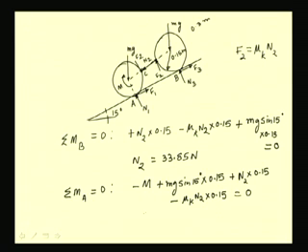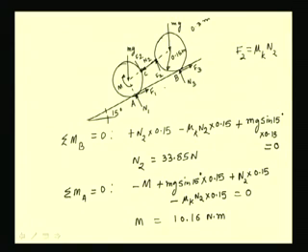So, from this we determine M as 10.16 Newton meter. So, this is the required value of the moment in order to allow these cylinders to roll slowly down the incline.